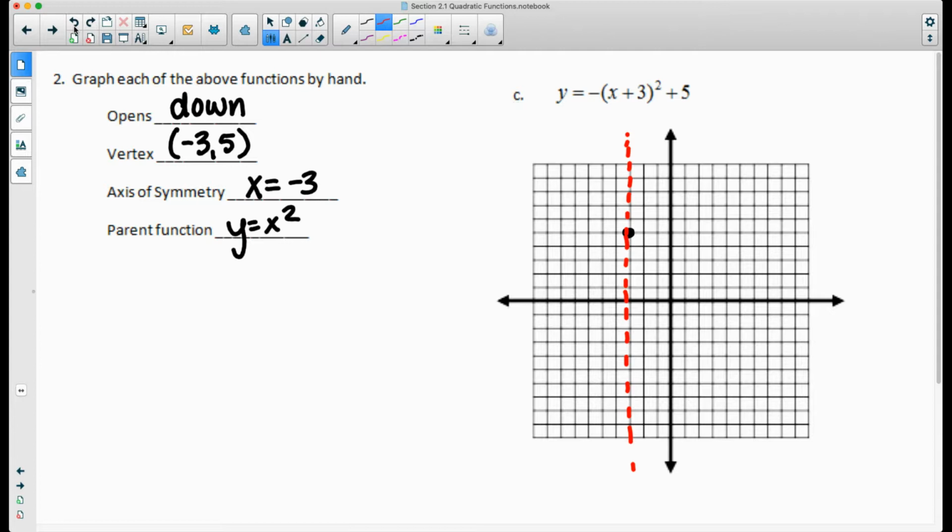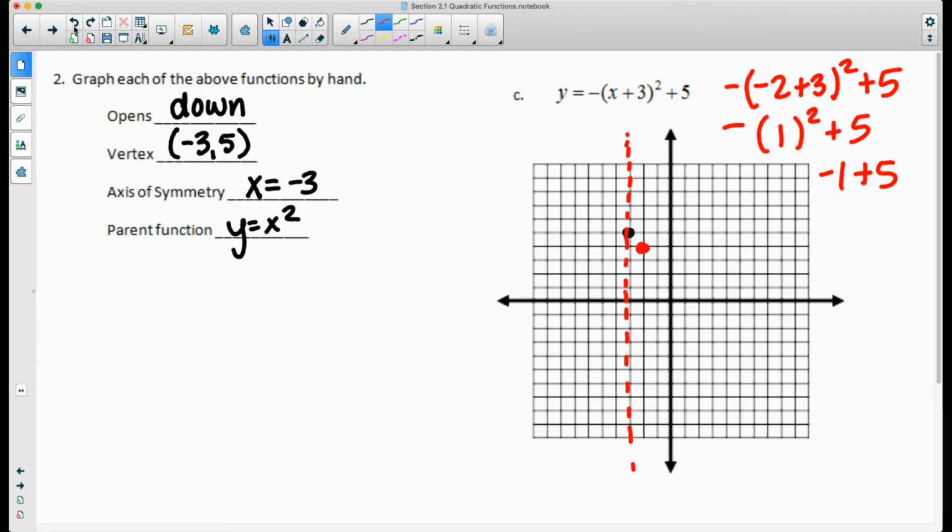Okay? So if I plug in -3, nope, -2, sorry. -2. I get 1 squared, then that becomes a -1 plus 5, gets me 4.